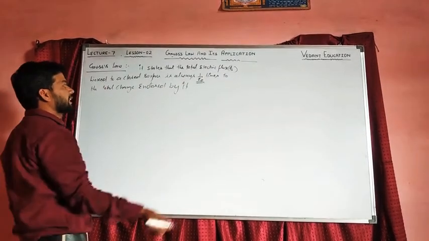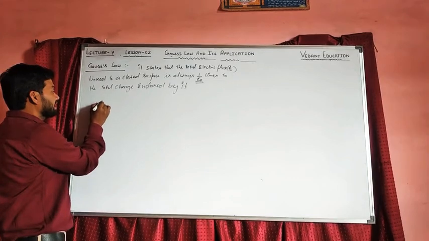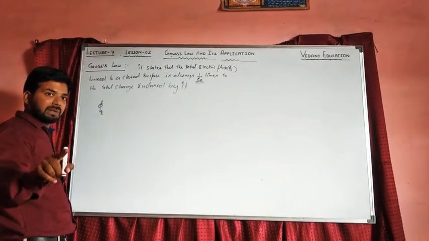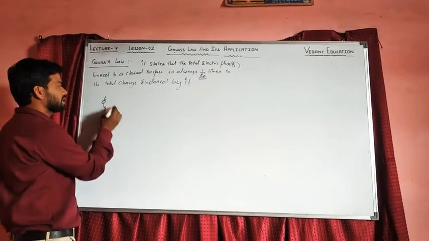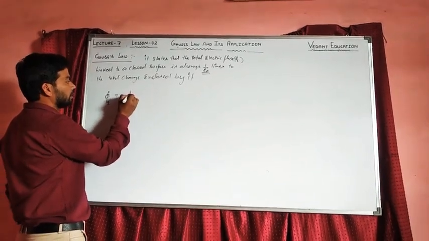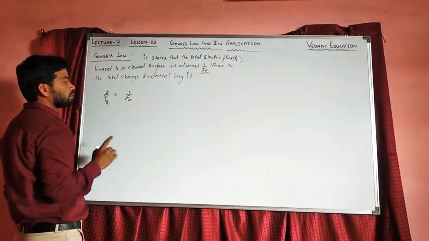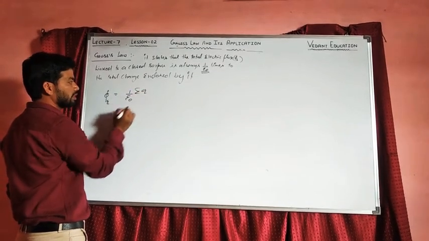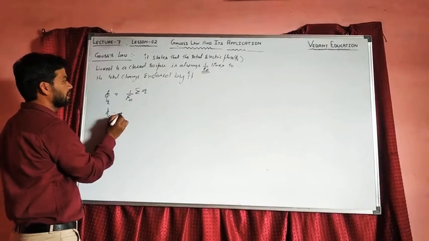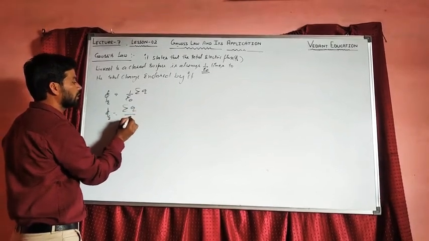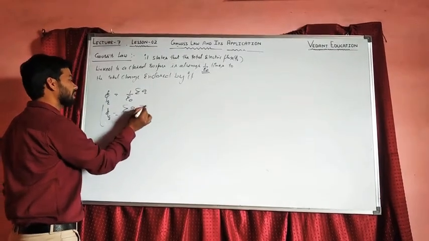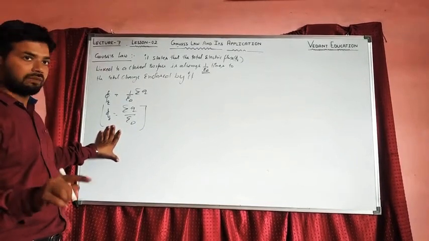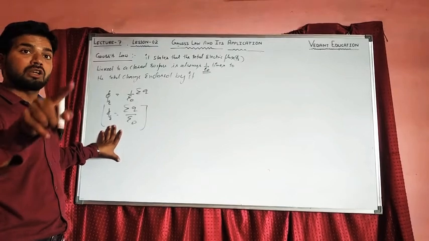It states simply that net electric flux linked to a closed surface is always 1 over epsilon naught times the total charge, that is summation q. So phi equal to summation q over epsilon naught. This is simply Gauss's theorem. It states about the electric flux which is linked with a closed surface.